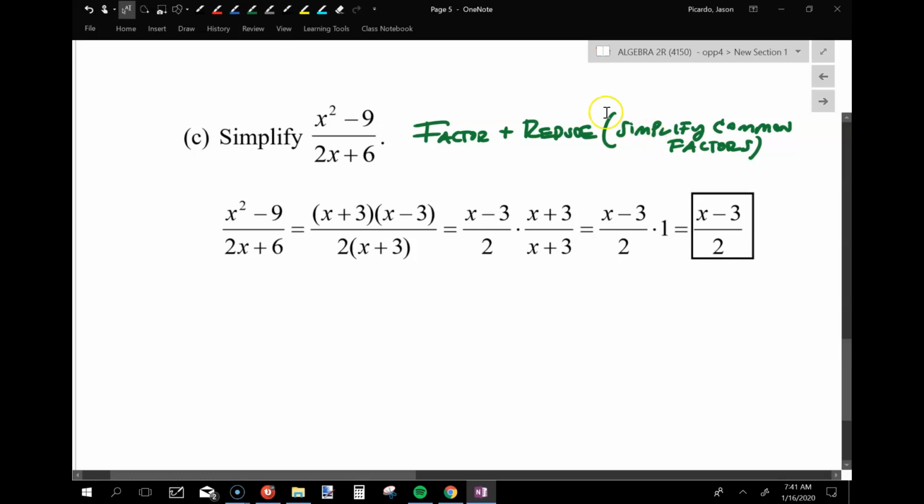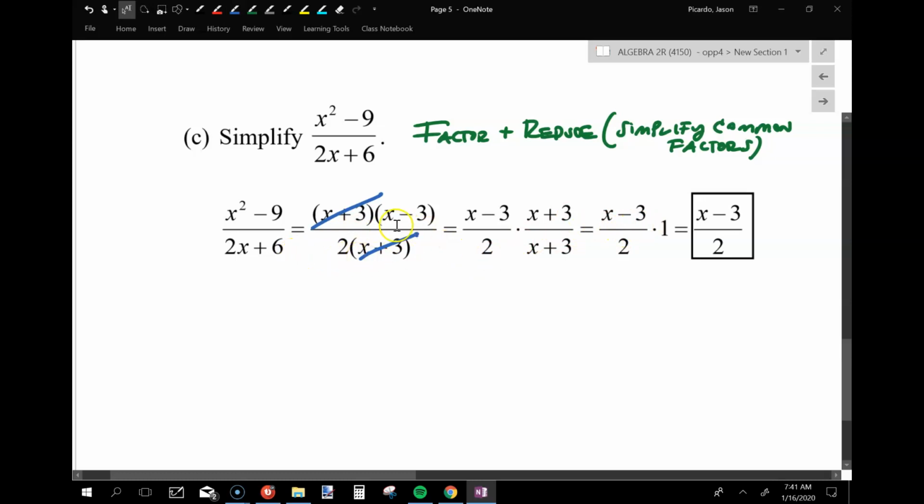And what does simplify common factors mean? It means any factor that is the same as a factor on the bottom can be reduced to 1.